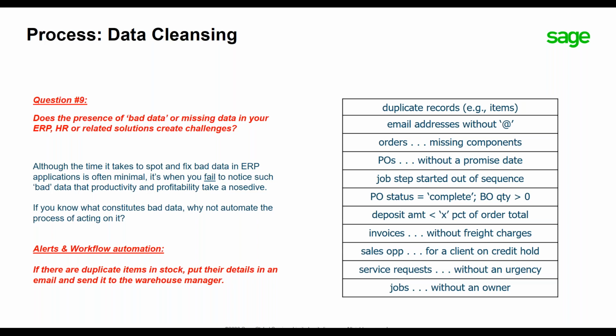Because Sage Alerts and Workflow can connect to any database, yes through ODBC, yes through .NET, yes through REST APIs, we can look at any database and tie the information in and look at it holistically and say, hey, this needs to be changed.